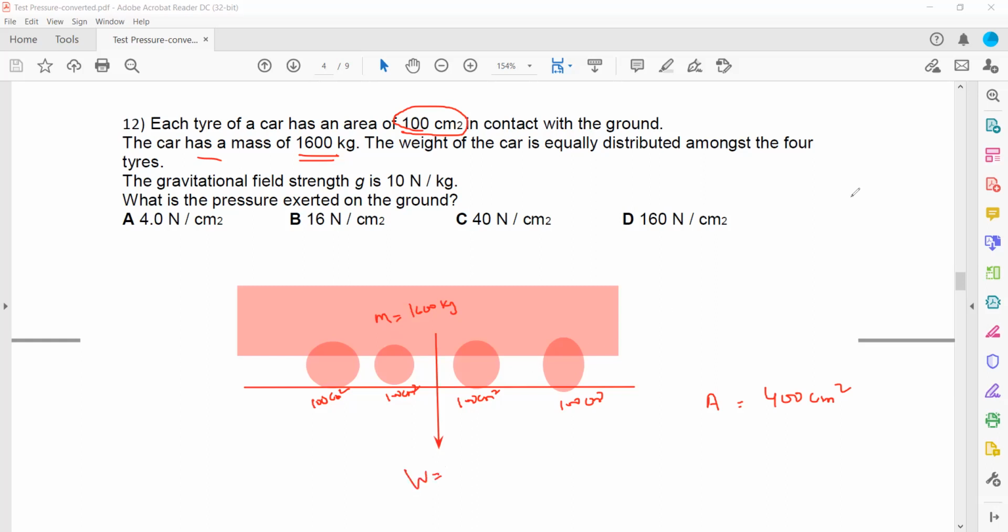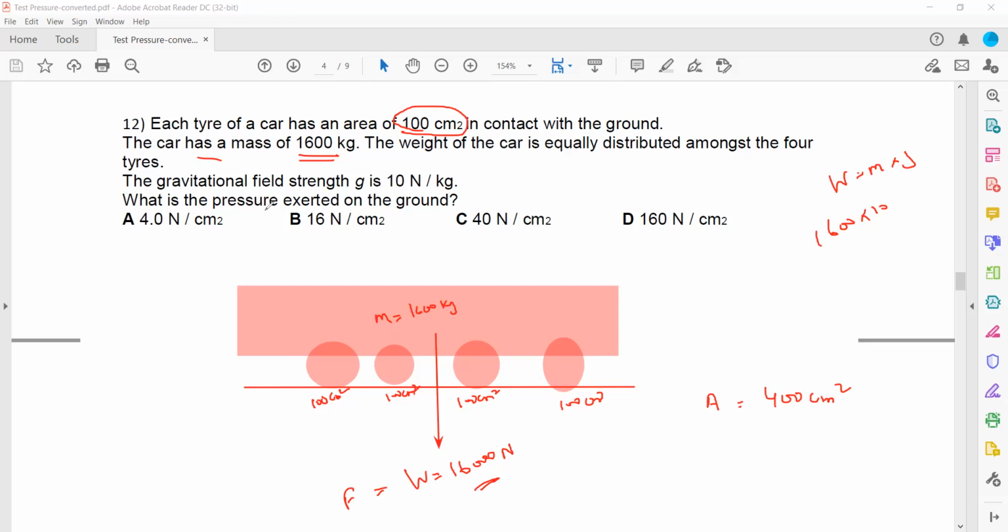Weight is mass multiplied by gravity. So 1600 multiplied by 10. So it will be 16,000 Newton. So the force which this car is exerting on the ground is 16,000 Newton.